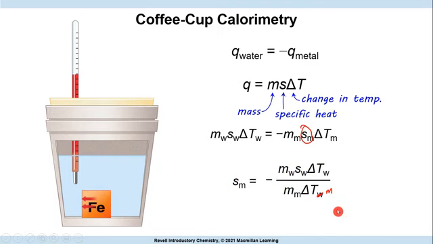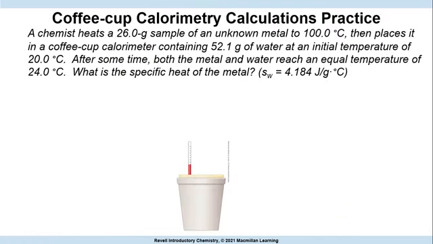We are going to see an example. A chemist heats a 26.0 gram sample of an unknown metal to 100 degrees Celsius, then places it in a coffee cup calorimeter containing 52.1 grams of water at an initial temperature of 20.0 degrees Celsius.